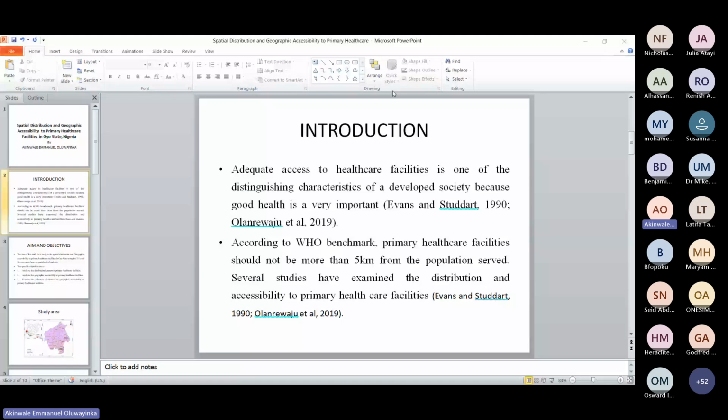This means that this population will travel more than 5 kilometers to access primary healthcare. One of the disadvantages of having healthcare far from the population is that the patient might have died before getting to the particular healthcare facility.